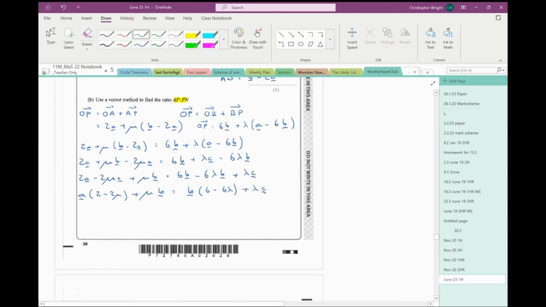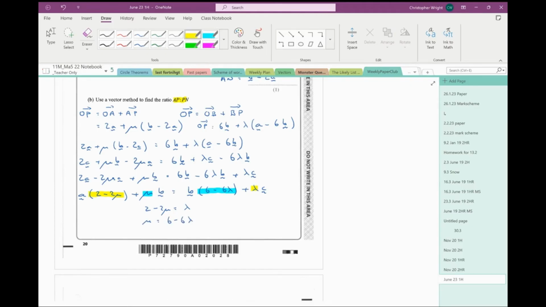Right, now I know that the coefficient of A must equal the coefficient of A, and I know that the coefficient of B must equal the coefficient of B. So that means that 2 minus 2 mu equals lambda. And it also means that mu equals 6 minus 6 lambda. Good.